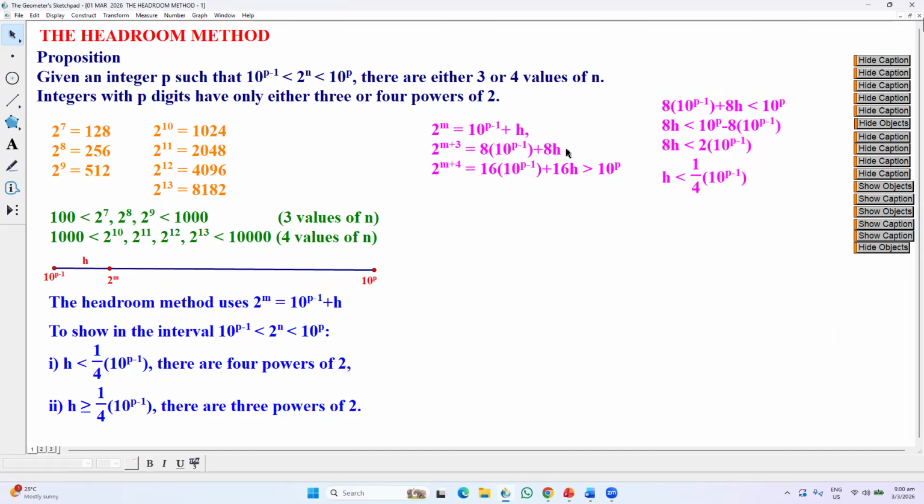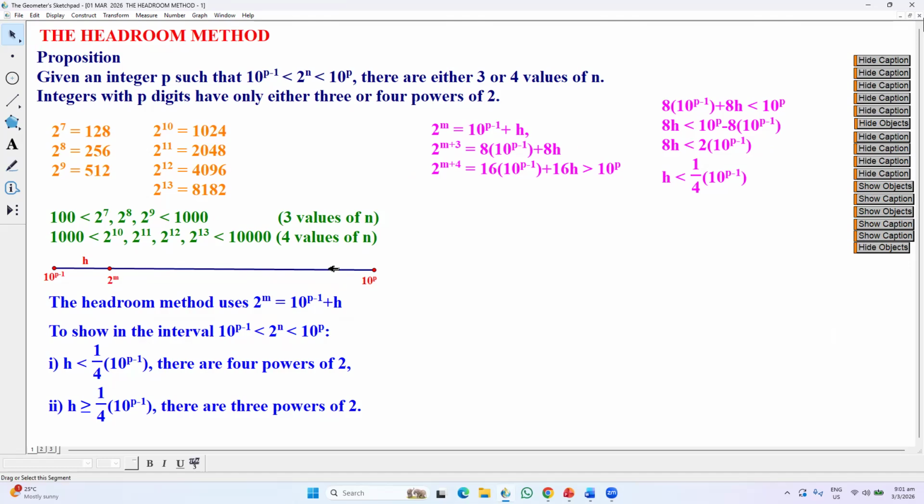If we consider the second line, 8 times 10^(p-1) plus 8h, if it is less than 10^p, that means 2^(m+3) is inside the interval less than 10^p.